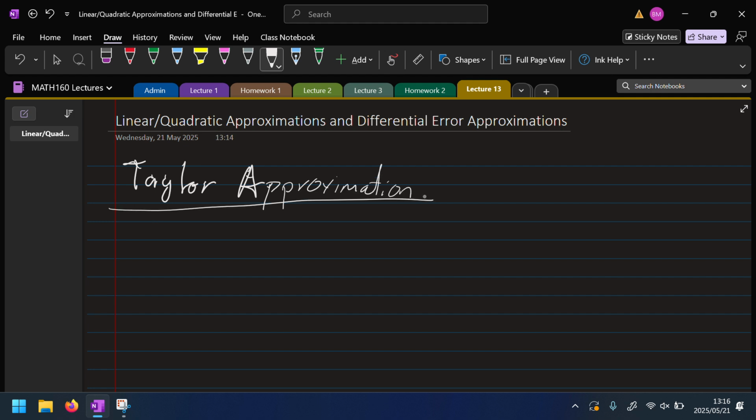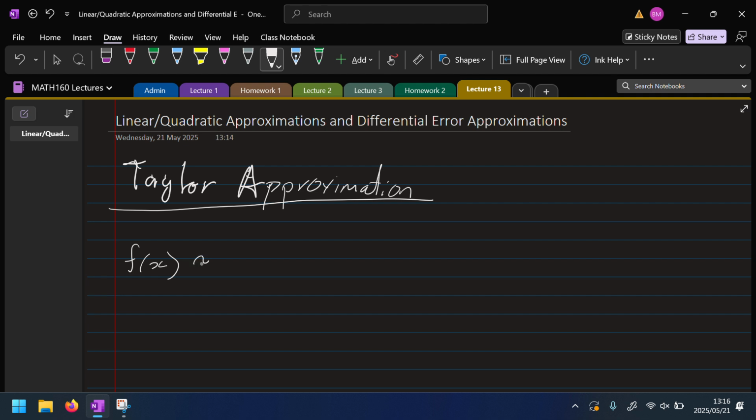Okay, so the Taylor approximation. We had some function f of x. This might be some complicated function. What we want to do is approximate it by some polynomial. Now we did this at x equals 0, and we got the following.